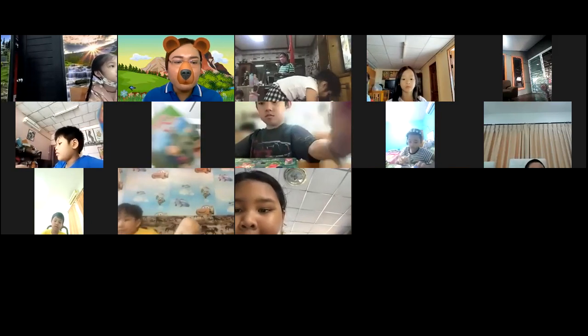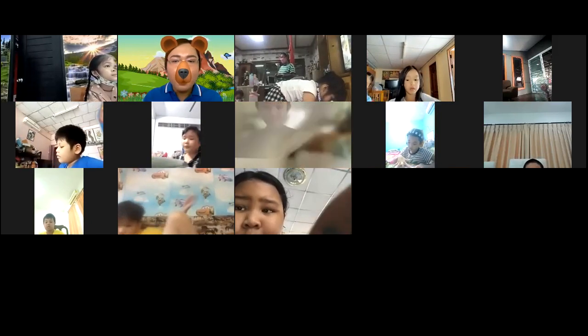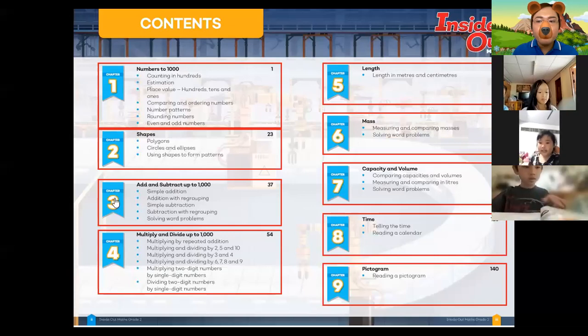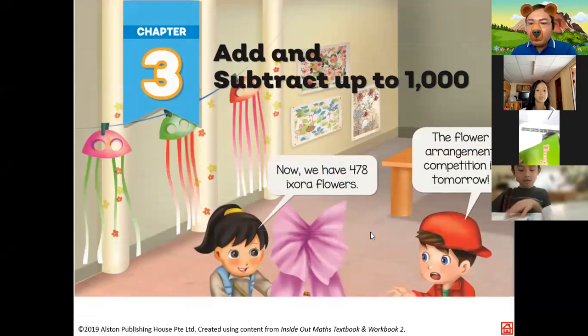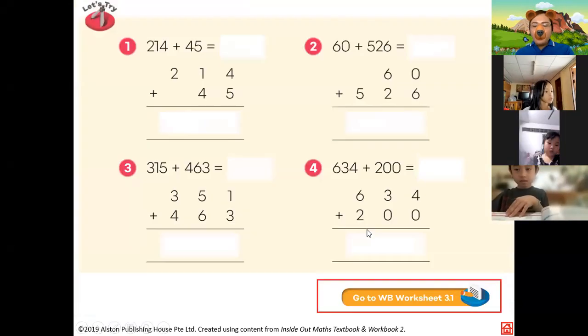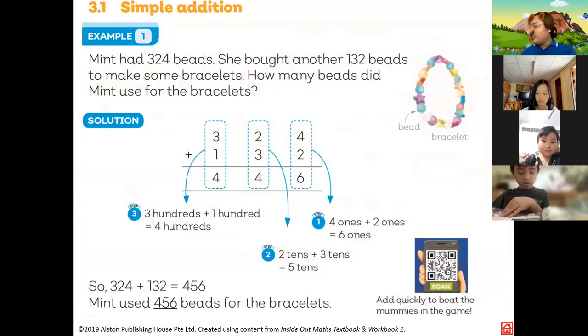Hold on. Chapter 3, that is on page number, let me double check my book here. Number 26. Oh, 26. Good job, Bowie.